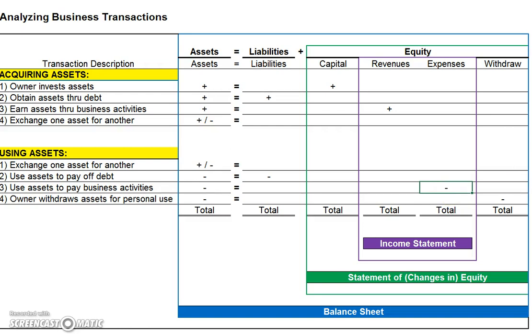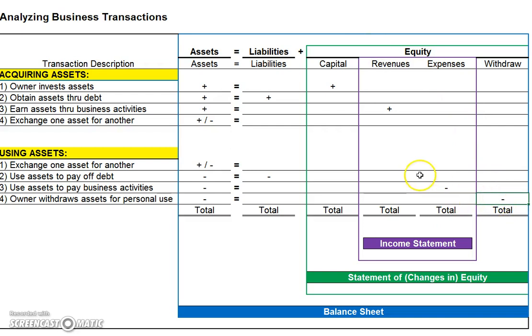Every time an expense is incurred or happens in a business, it ends up ultimately minusing from equity. So that's why we're showing it as a minus there, because it makes equity go down. And finally, if the owner withdraws any assets for their own personal use, that would make the assets of the business go down, and we have to again record that as an owner's withdrawal, which again makes equity go down.